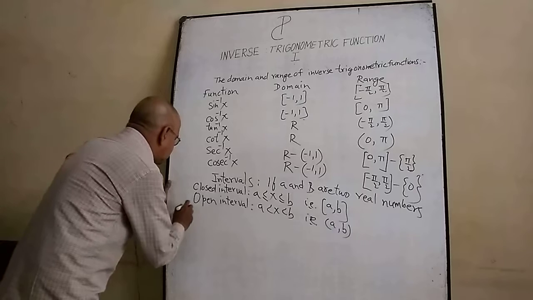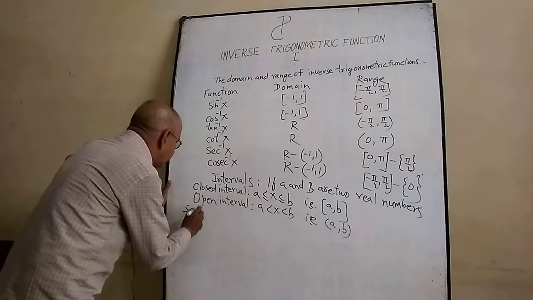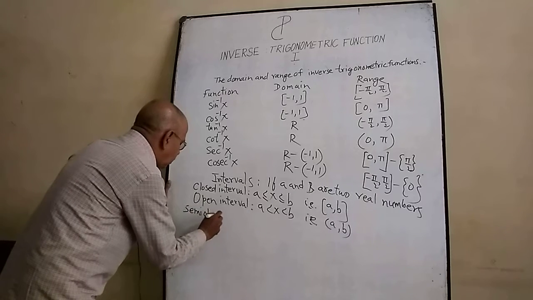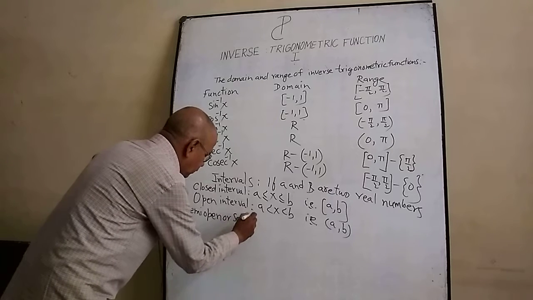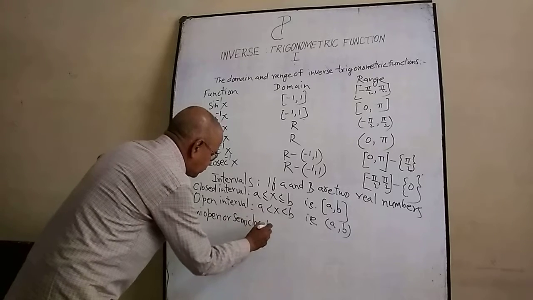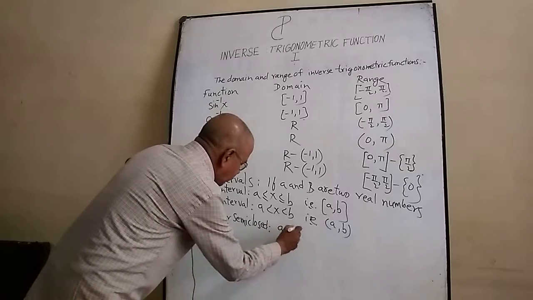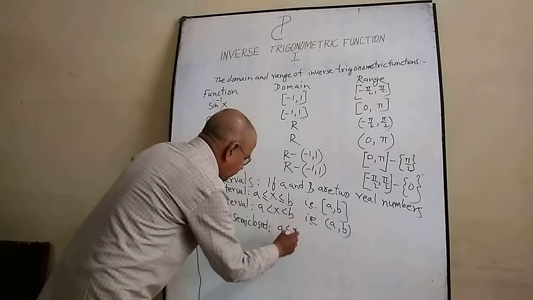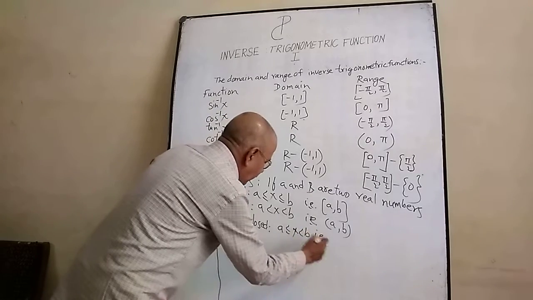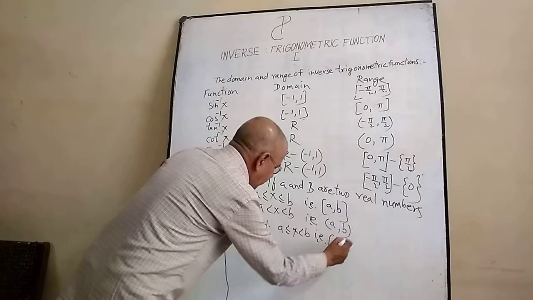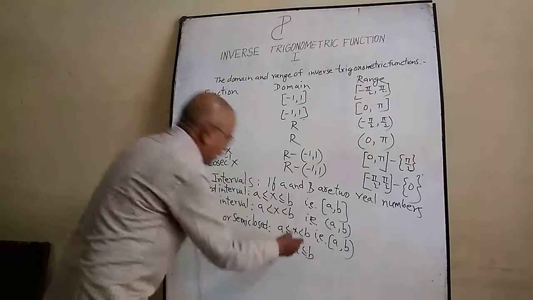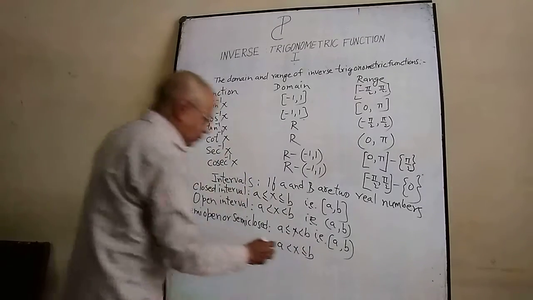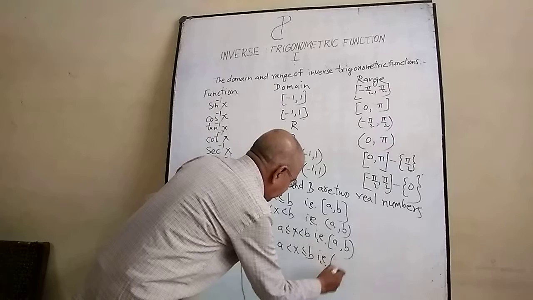And what about the semi-open or semi-closed? So at this time we can say that suppose x is greater than or equal to a and less than b, and it is represented as [a, b), or a is less than x and less than or equal to b, is represented as (a, b].